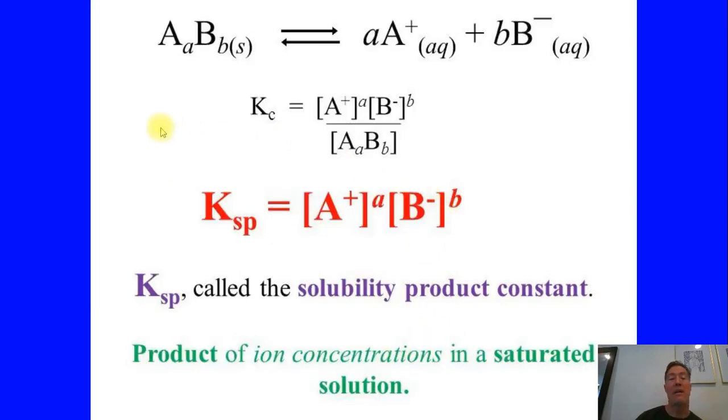So in any reaction where we have a solid, our Kc expression reduces to what's known as a Ksp, a solubility product constant. And it tells us the ion concentrations in a saturated solution. So these values are going to tell us exactly how much of those particular ions you can have before they start to go back into solid.